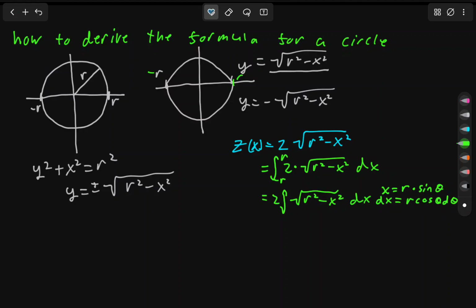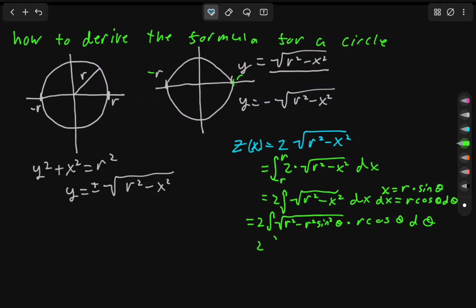So now what we have to do is sub in our dx and our r times sine of x. So we're now going to get 2 times the integral of the square root of r squared minus r squared sine squared of theta times r cosine of theta d theta.